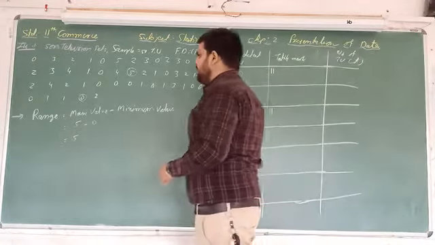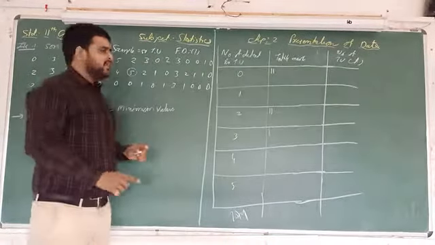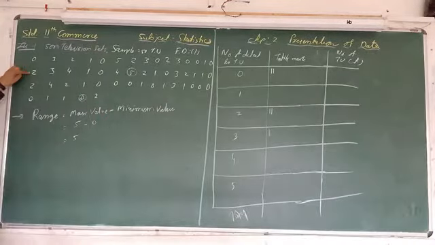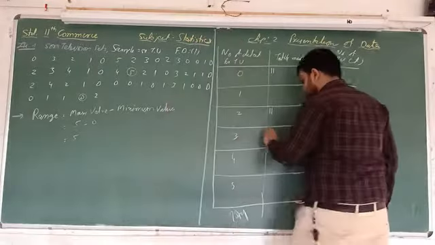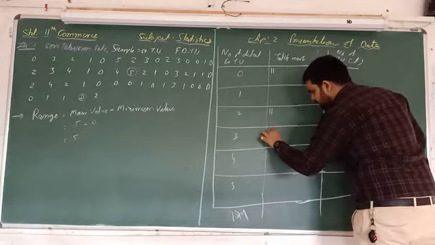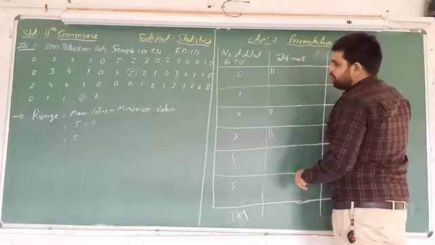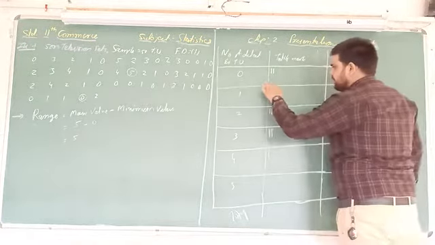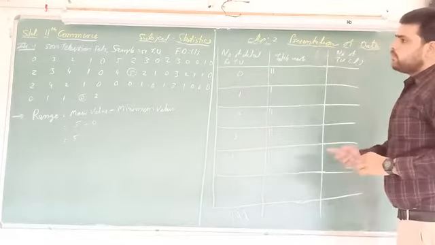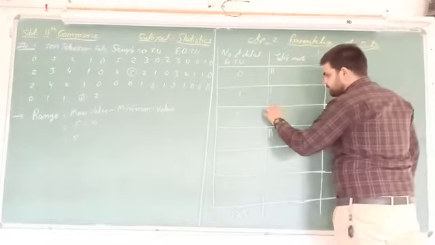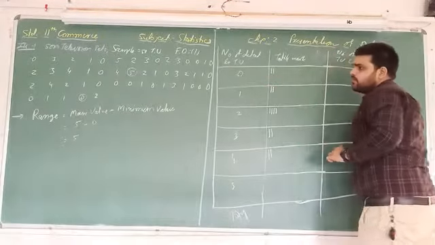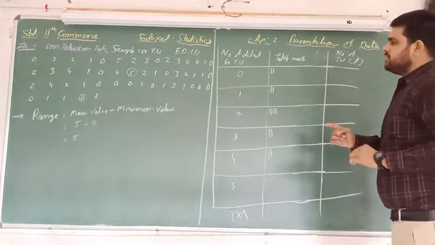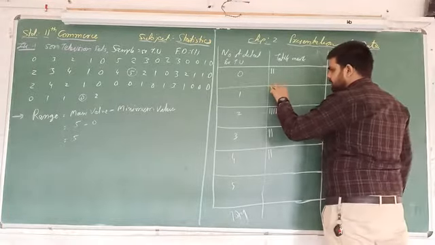I am putting the values from here: first 0, 2, 2, 0, then 3, 3, 4, 1. Then 2, 4, 2, 1, and then 1, 1, again 1. When four lines are there, the fifth line we cross, so it is easy to calculate.